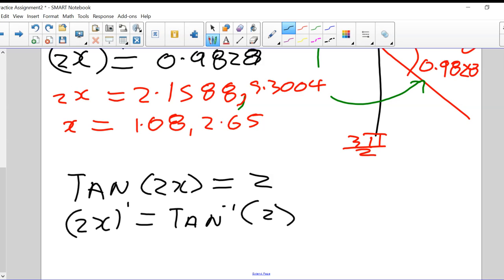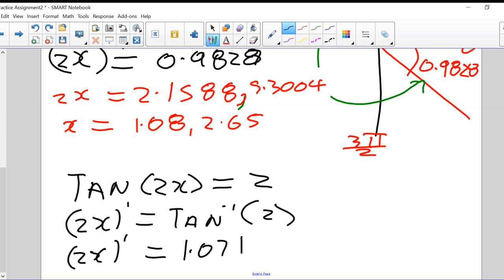We already established that it's okay to have, for tangent, numbers that are bigger than 1 or less than minus 1. So I do need your help. I don't have my calculator handy. What is 2x prime equal to? What is tan to the minus 1 of 2? Give me the usual 4 decimal places for now, please. Okay, so 1.071.